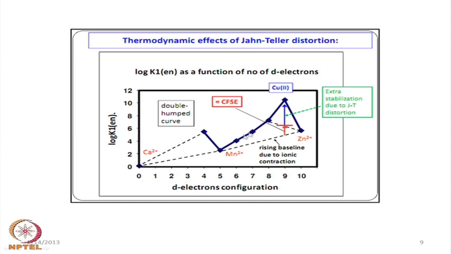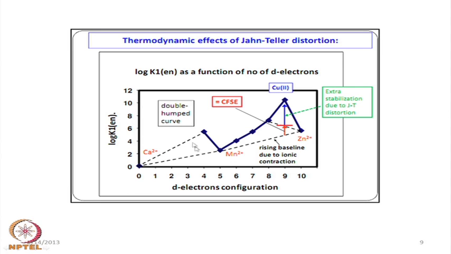Similarly, for the different aqua complexes we have the hydration energy, which also follows a similar double humped curve, where some crystal field stabilization operates as we move from d1, d2, d3 to d4, and also as we move up to d8 or d9, there is a gain in the crystal field stabilization energy, and due to that gain we get some extra stabilization.